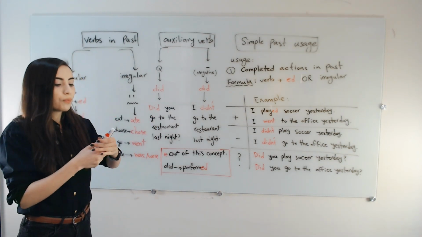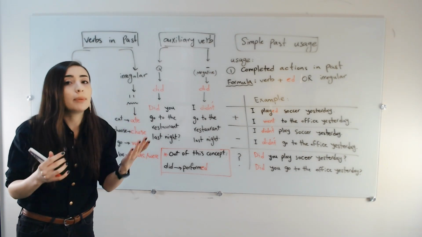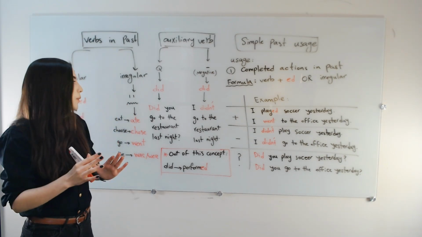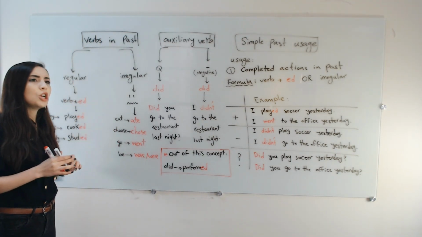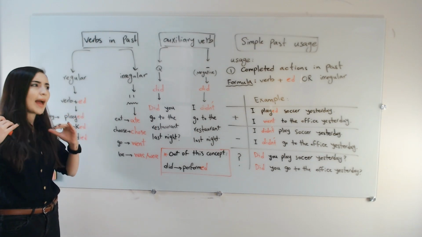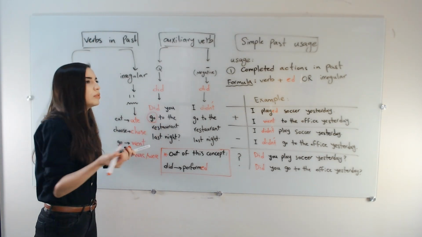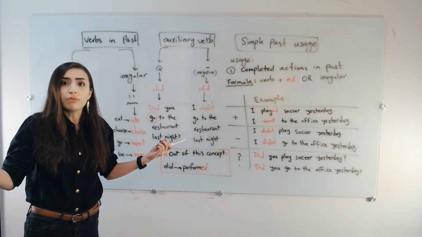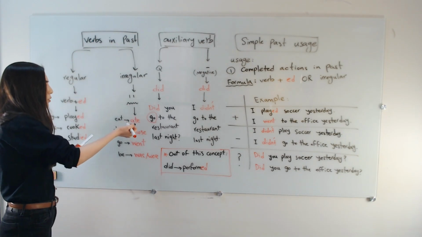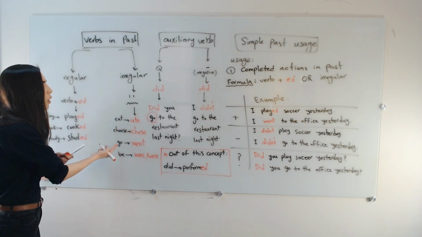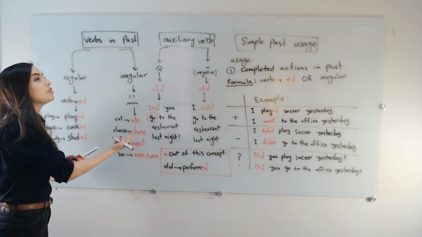Did you go? You see, the first important thing that probably comes to your mind right now is that didn't we say that the verbs in the past should actually be in the past? So, in this case, we have go here. Go is a simple verb. It's not in the past. You said that when we have the verb go, it's an irregular verb, and it changes into went.